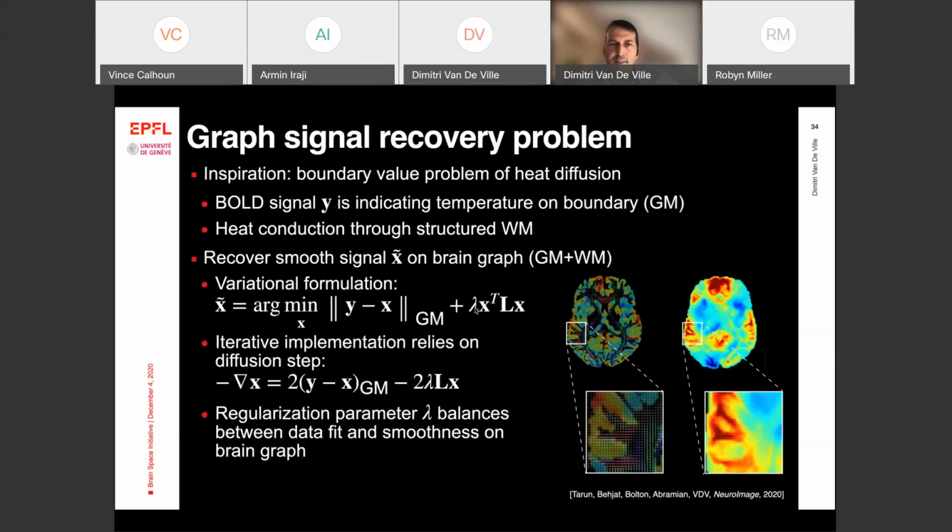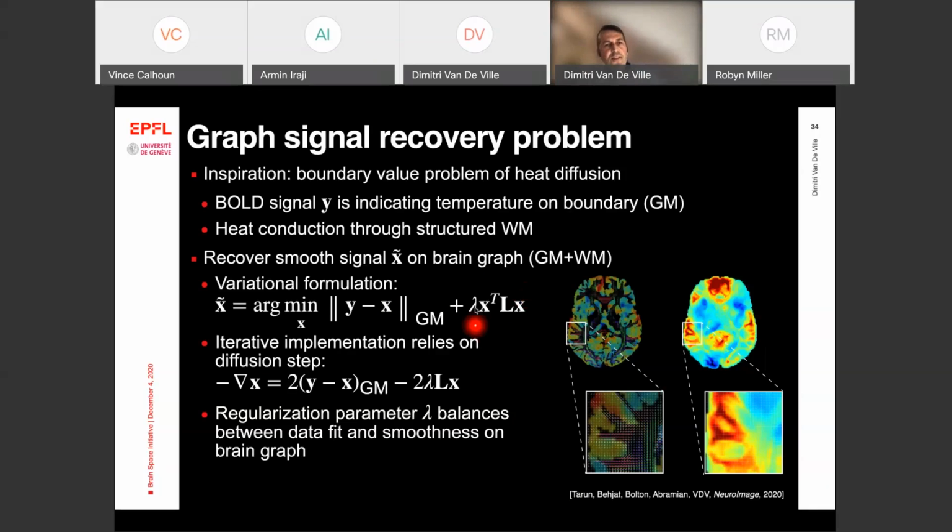And if you write this down mathematically, this is about recovering a smooth signal on the brain graph, gray and white matter, where you have a certain data fitness, which is only enforced on the gray matter, but we also want the finally recovered signal to be smooth on the whole brain graph.